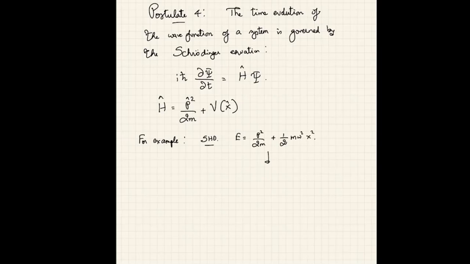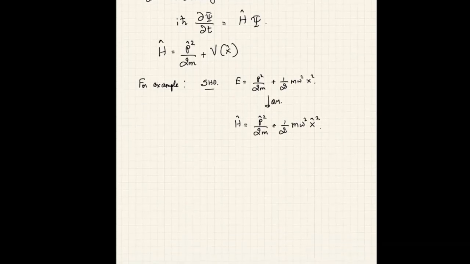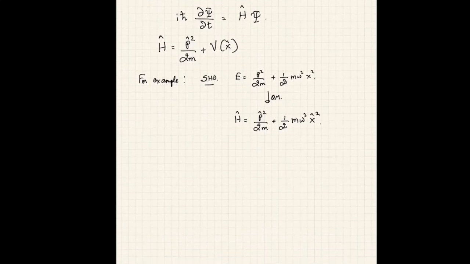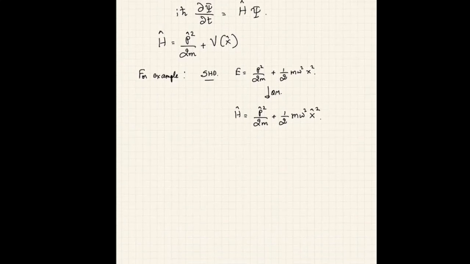And in quantum mechanics, this converts into a Hamiltonian of the simple harmonic oscillator, which is equal to the kinetic energy part remains the same, plus 1/2 m omega square x hat square, where x becomes the position operator x hat. Okay, so that is how you take the classical case and make a corresponding quantum mechanical Hamiltonian out of it.